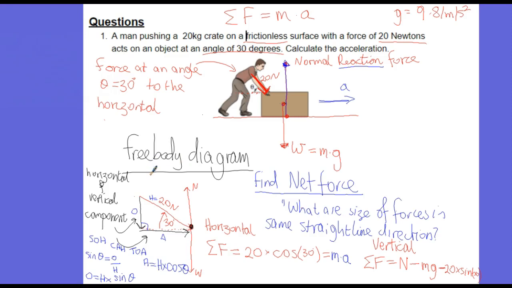Now, altogether, what should we expect to be the overall size of this net force in the vertical direction? 0, absolutely. It has to be 0, yeah? Because there's no acceleration in this vertical direction. The acceleration that it's actually going to experience is only horizontal.